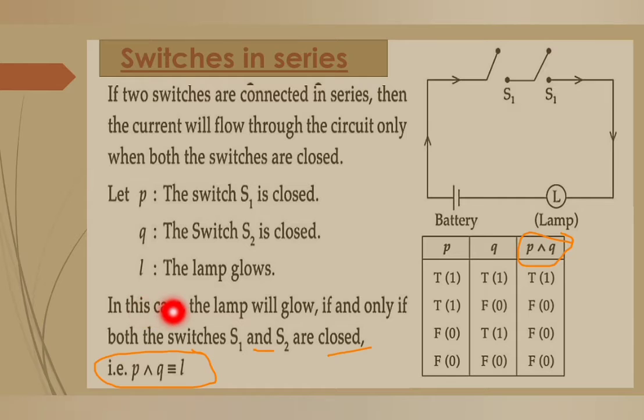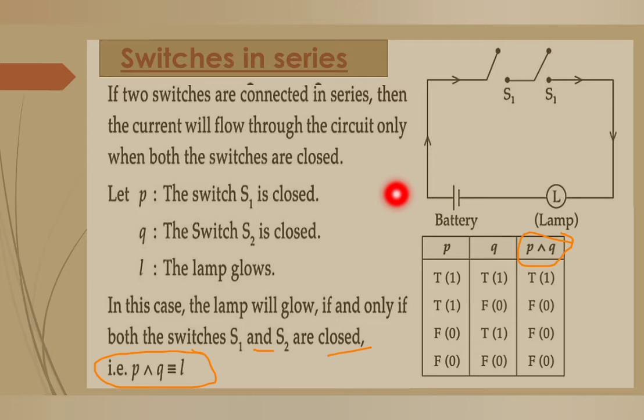That is, P and Q is equivalent to L. If both switches are closed, then current passes through this circuit and the lamp glows. Here we write P and Q. This is the P statement, this is the Q statement, and we write AND.